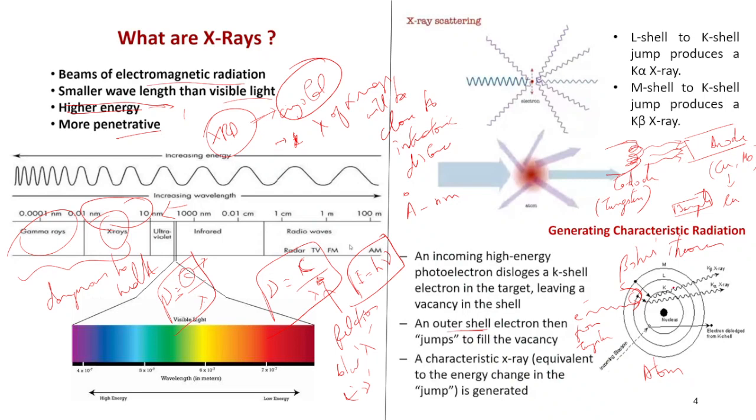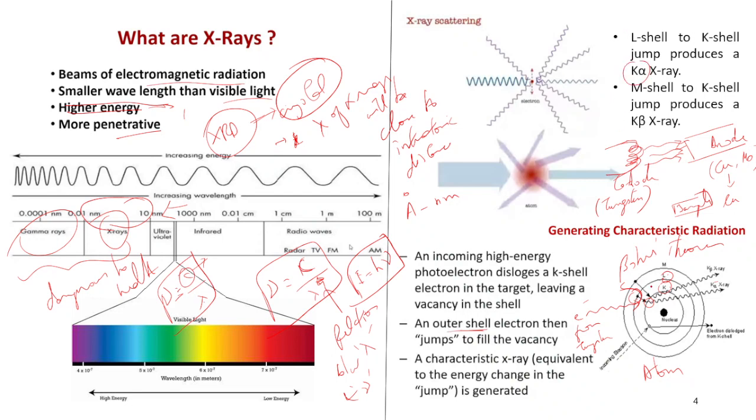Energy is lost, and the electron comes from the L shell to its lower energy state, the K shell. When the electron transitions from L to K, energy is released. If the transition is from L to K, it is called K alpha.